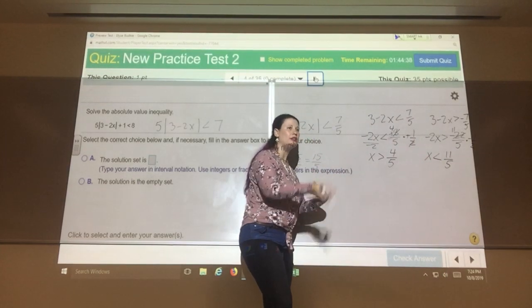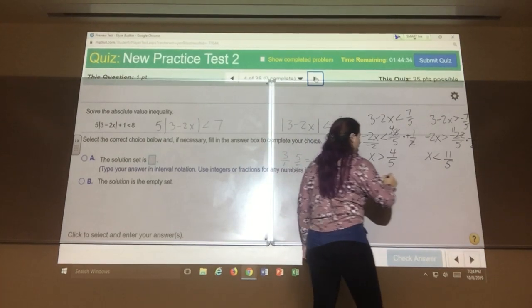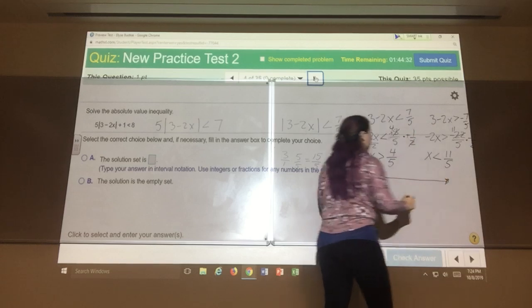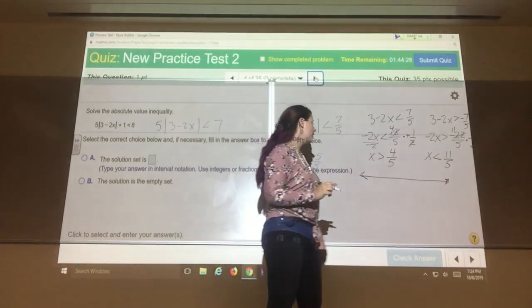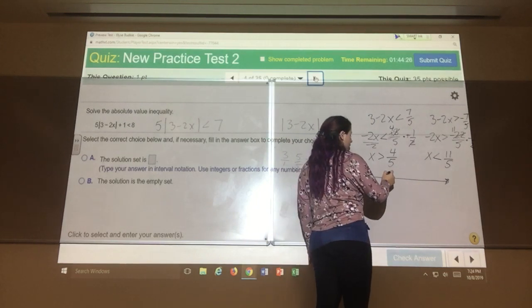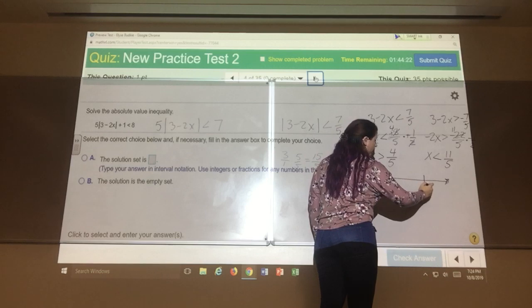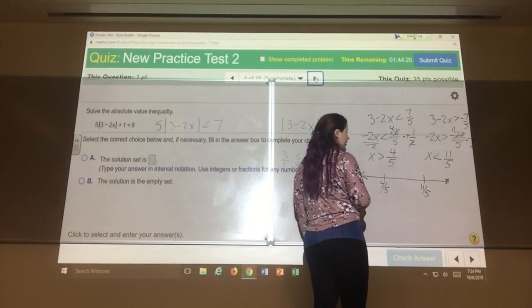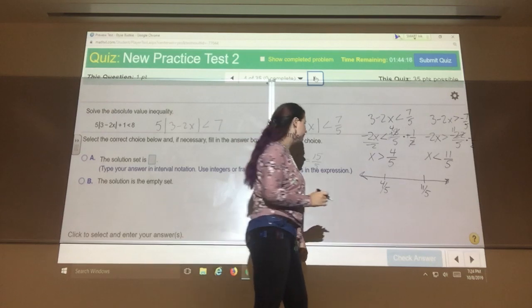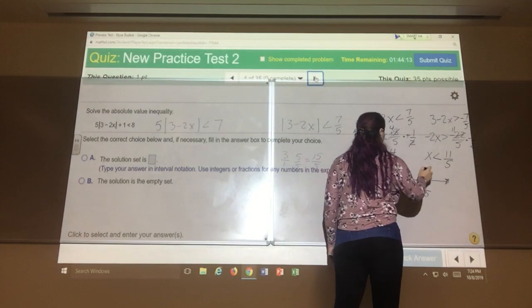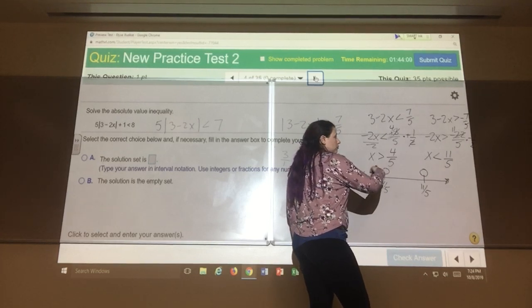Let's do it the line way instead of the section way this time, though I would still always check my sections just in case. So we have our important numbers, 4/5 and 11/5. What type of circles? Open. And this circle goes which direction?